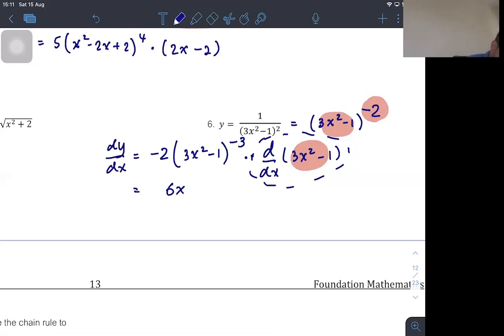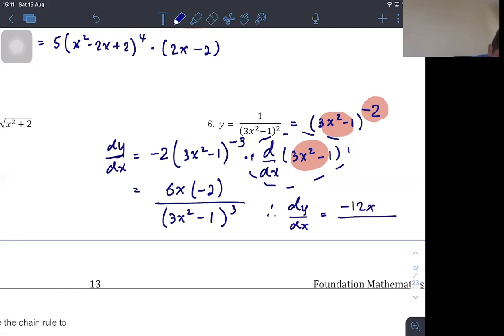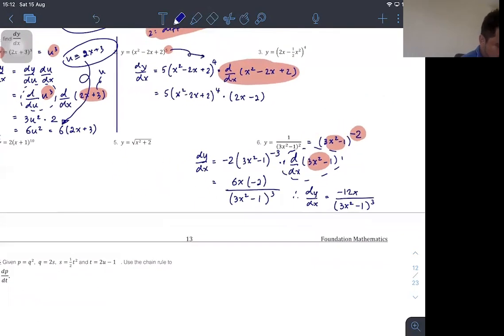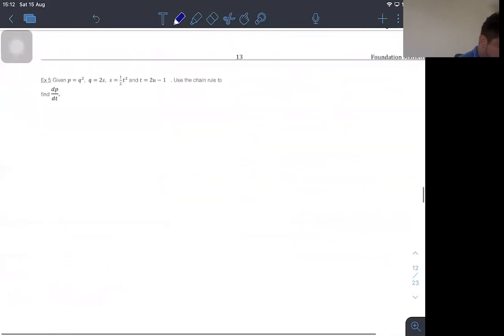And from the normal differentiation, it is 2 times -2, divided by 3x squared minus 1 to the power of 3. So the dy by dx of this function will be -12x over (3x squared minus 1) cubed. So this is the application of the chain rule.